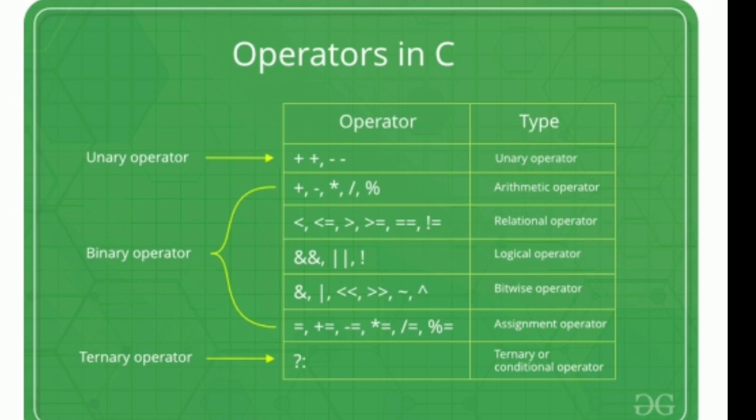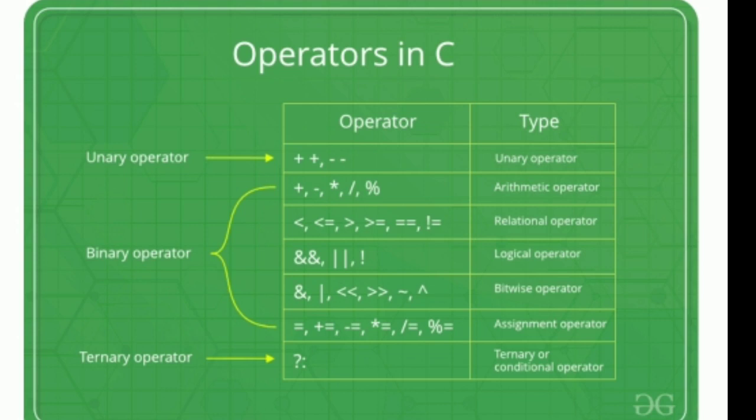Examples: a equal to b, a plus equal to b, a minus equal to b, a star equal to b, a by equal to b, a modulo equal to b.